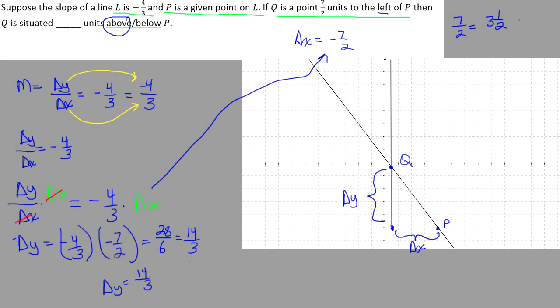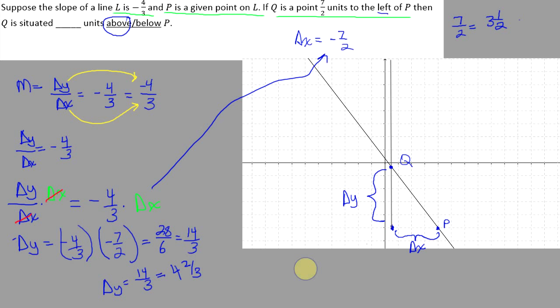And again, if I wanted to help look at the graph, change that into a mixed fraction. 3 goes into 14 4 times, leaving 2 left over, so 4 and 2/3. Remember, that's 4 plus 2/3.